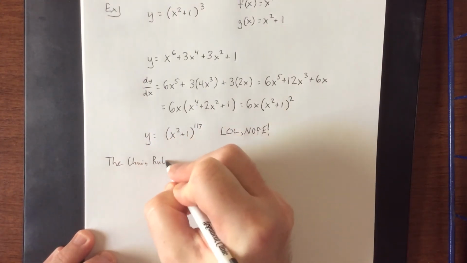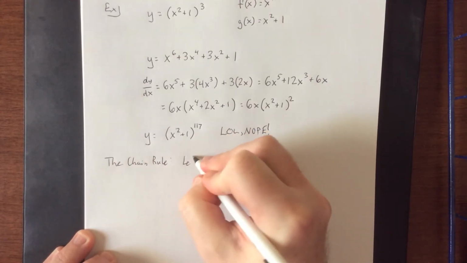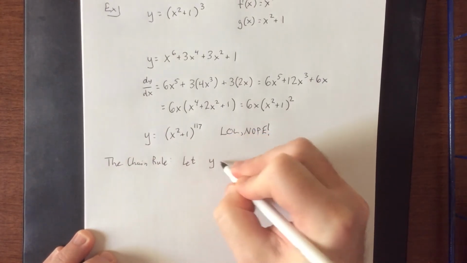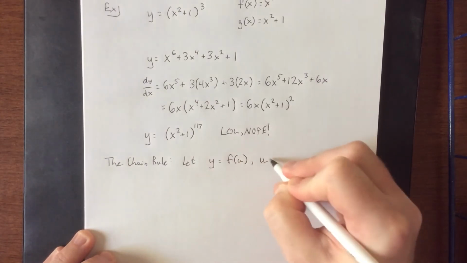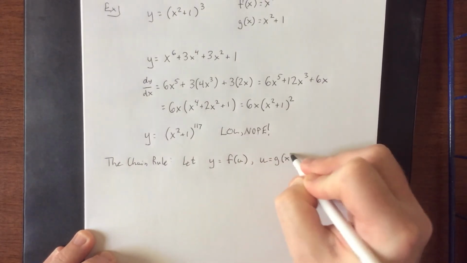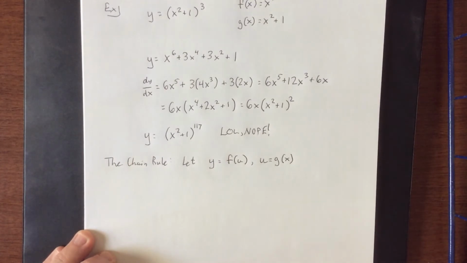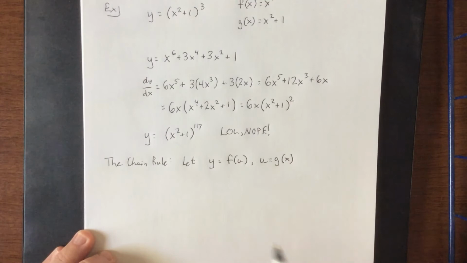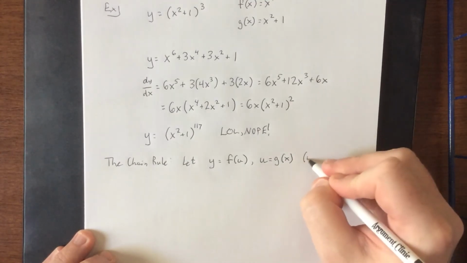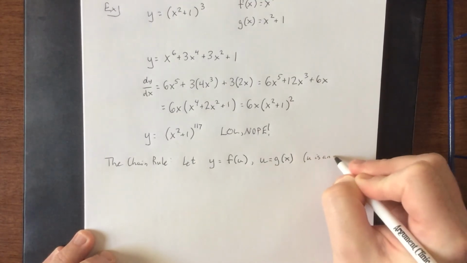So the chain rule states the following. Let y be some function of u, and let u be some function of x. Now this is where u is going to be some expression and not necessarily just a variable. So u is an expression.